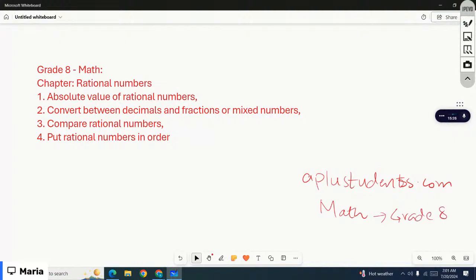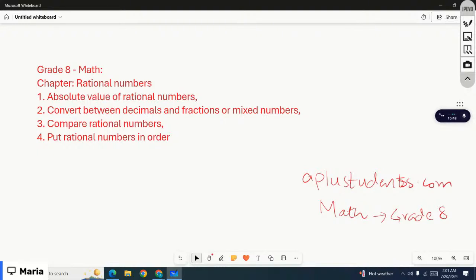Scroll down to the lessons, where you can find a list of the chapters.